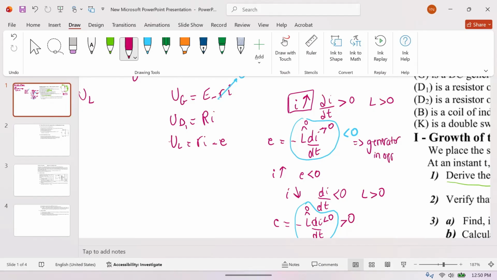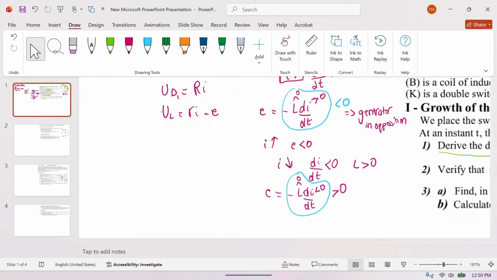It's not helping, it's opposing. Now, about the second case, when we have a decrease in the current, E is positive, it's helping the current, pushing the current in the same direction to keep it moving. So here we have an actual generator that is helping. So we have to be careful with the signs, with the decrease, with the increase, so we can know if we have a generator or not.